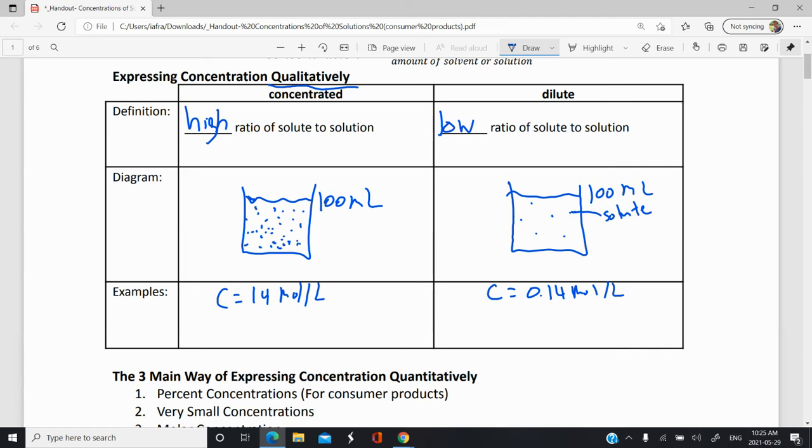We also saw, for example, percent V/V. A percent V/V of 70% volume is more concentrated than 3% volume. So understand that generally for a given unit, the bigger the number that you see, the more concentrated that solution is going to be compared to other solutions.